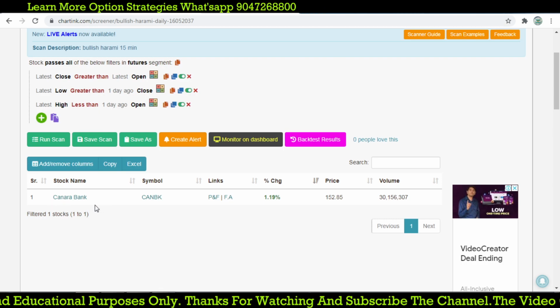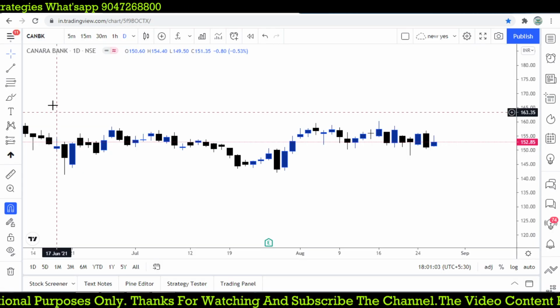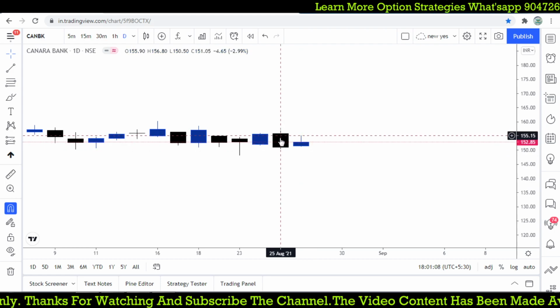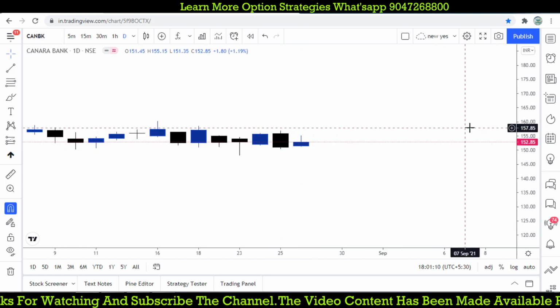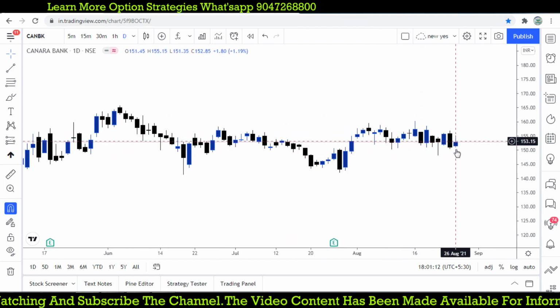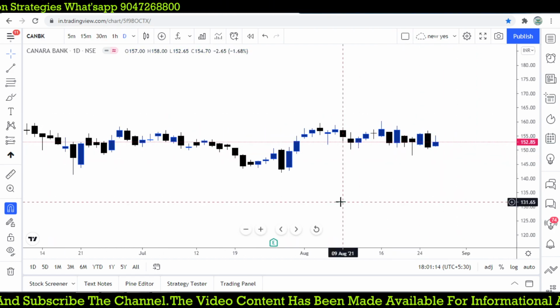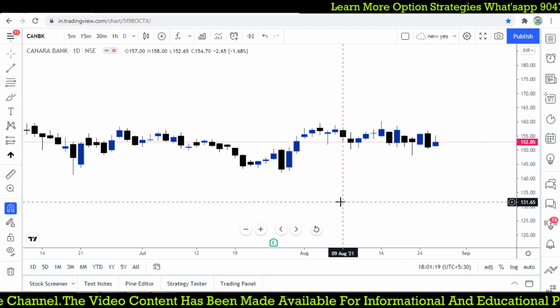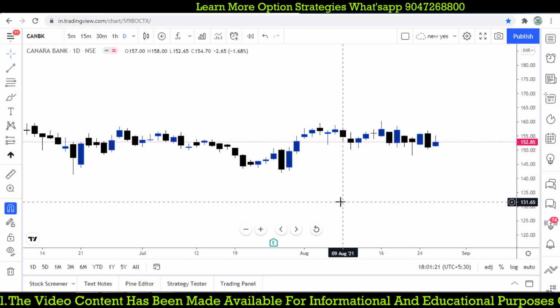Let's check Canara Bank, which formed one today. This is today's low and high, inside the body of the previous day candle. It looks like a great Harami candle, right? But many Harami candles can be found if the market is range bound.